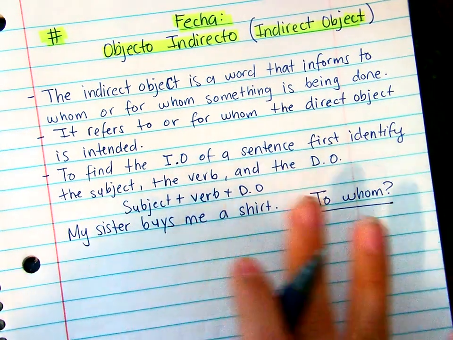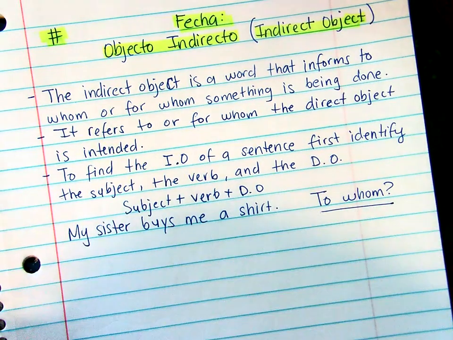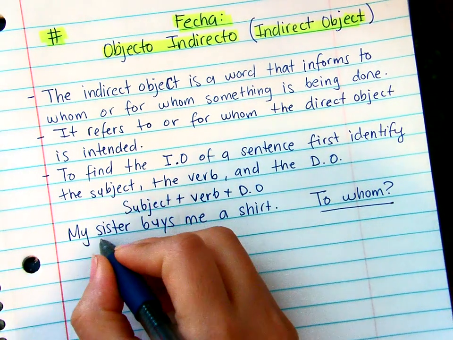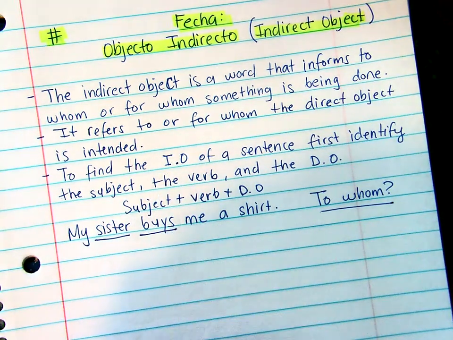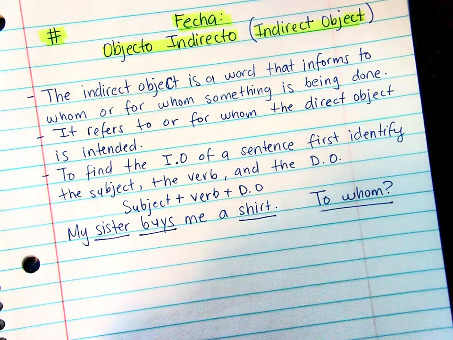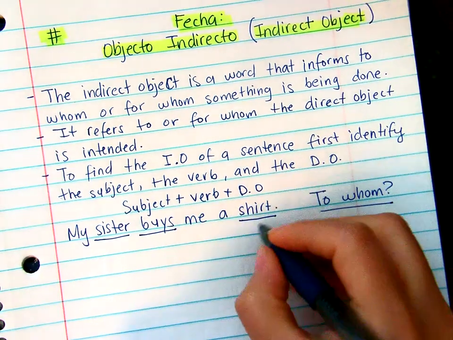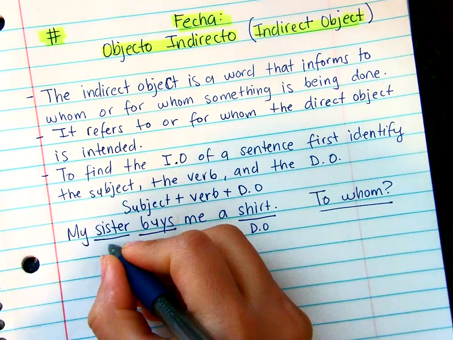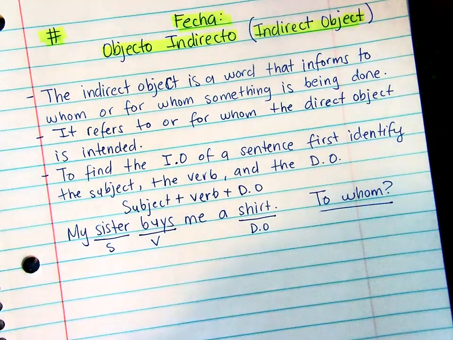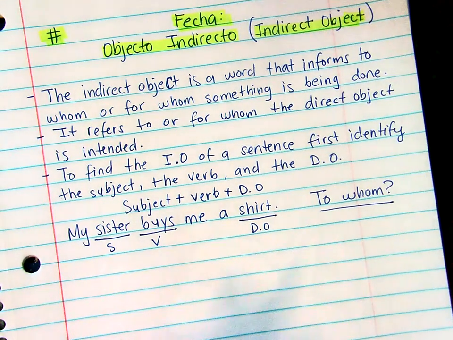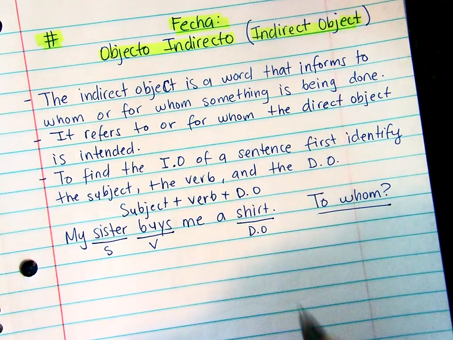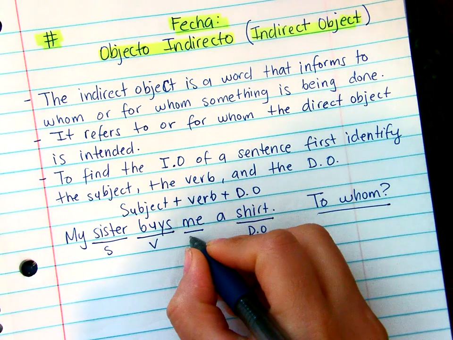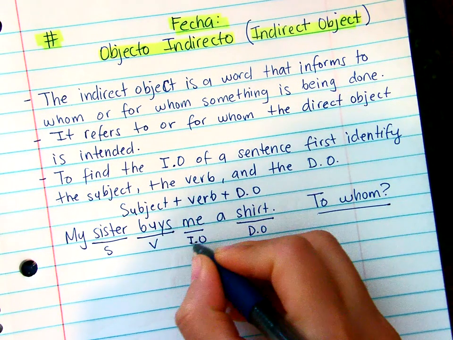So you ask that, and let's find out the subject. We know it's the sister. The verb, we know it's buys. What is she buying? She's buying a shirt. Direct object. You see that? Subject, verb, and what is she buying? She's buying a t-shirt, right? So, to whom? She's buying it to me. So this is our indirect object.